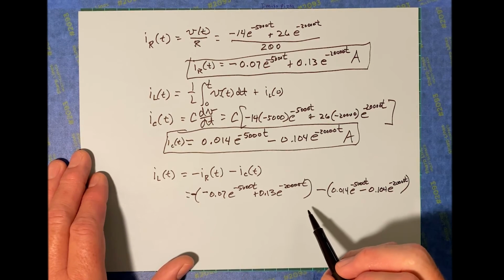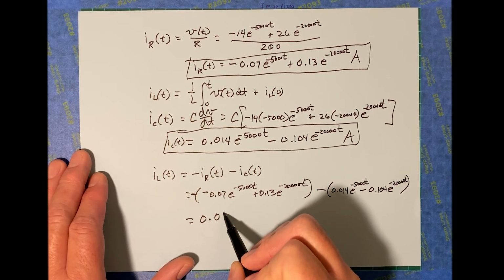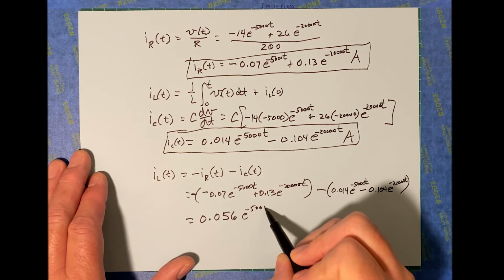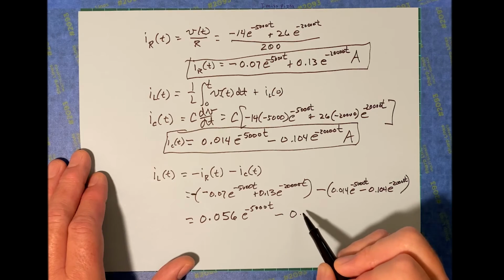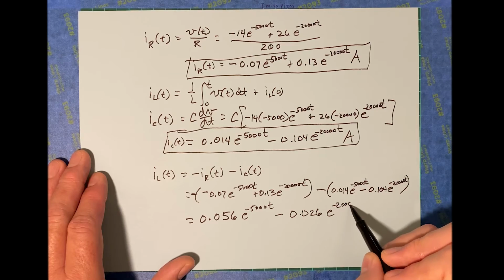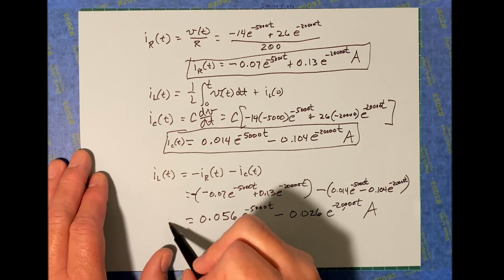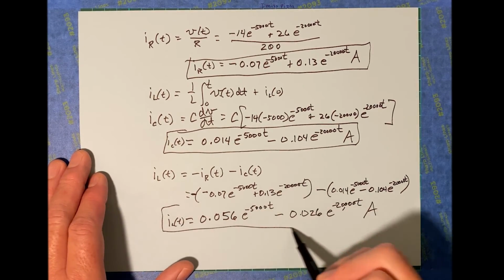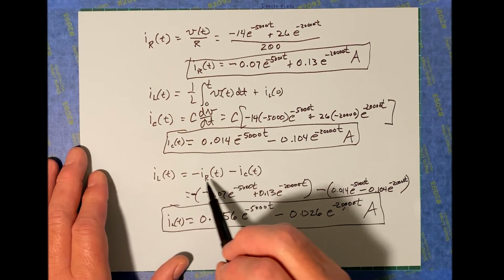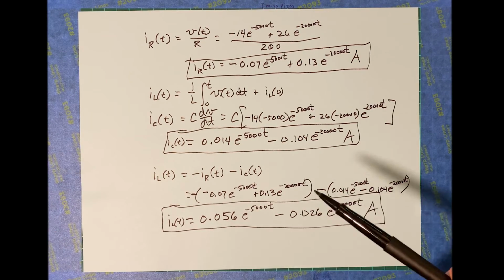Okay, do the math, and I believe you end up with something like 0.056 e to the minus 5,000 t minus 0.026 e to the minus 20,000 t amps. So there's another way to get I sub L of t. In other words, if you have two of these, you can get the third one based upon just this KCL equation there.